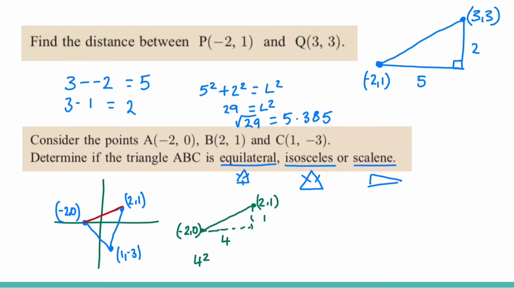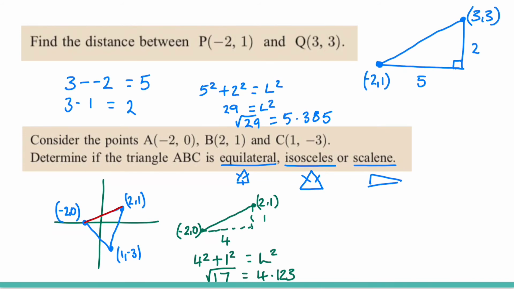So 4 squared plus 1 squared is equal to the length of the line squared. So if we just use L for length of the line, 4 squared is 16, plus 1 squared is 1, so that gives me 17, and I want to then find the square root of that answer. So the square root of 17 gives me 4.123.